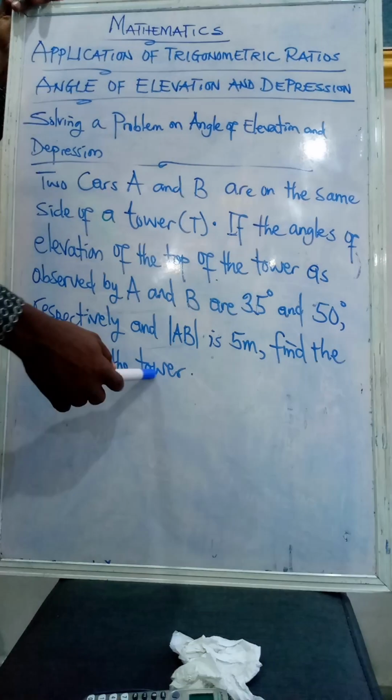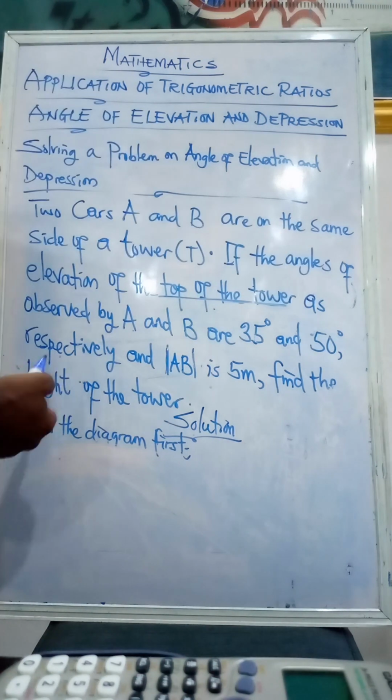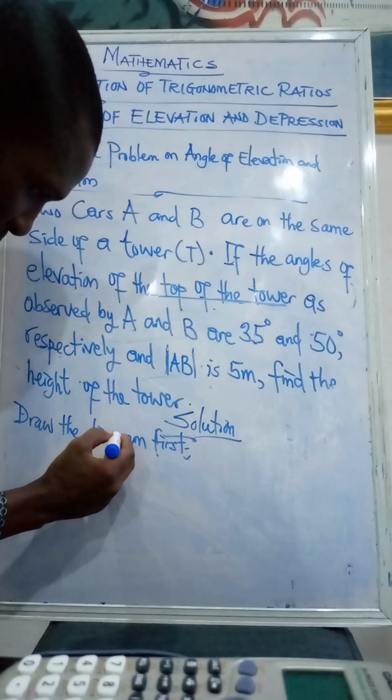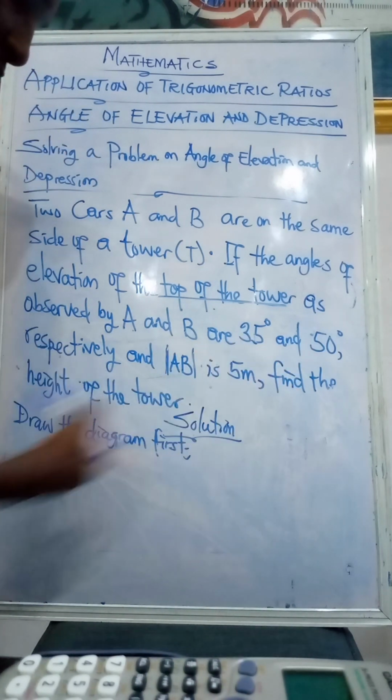Find the height of the tower. Now, whenever we see a question like this under angle of elevation and depression, the first thing is to draw the diagram. The diagram is what will now lead us to how to solve the problem.